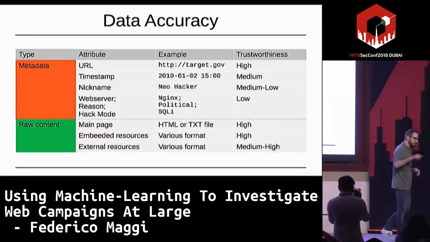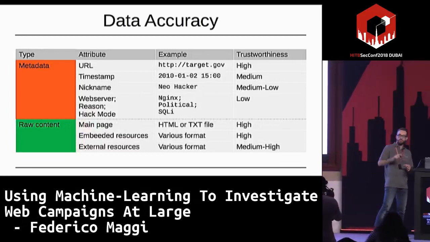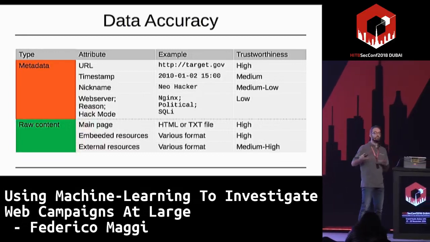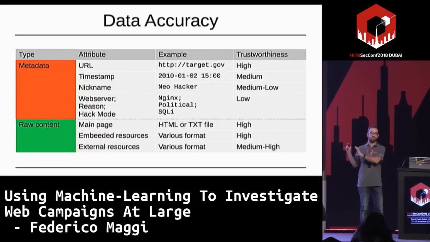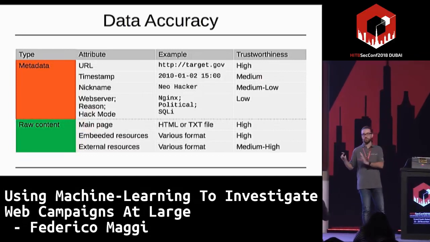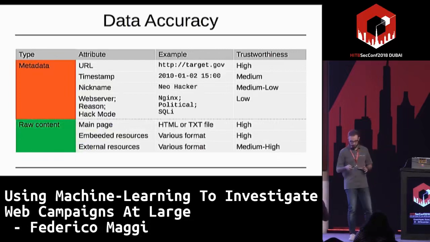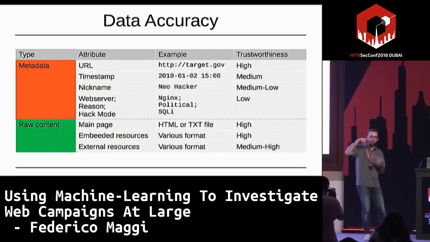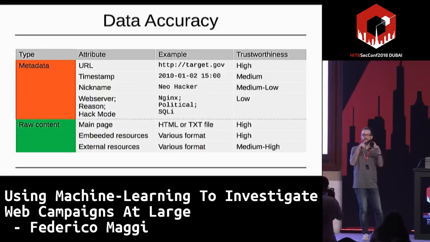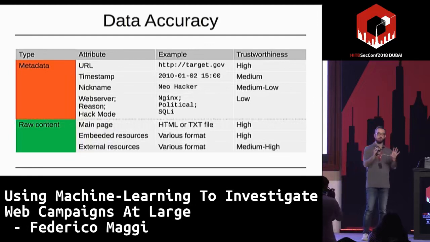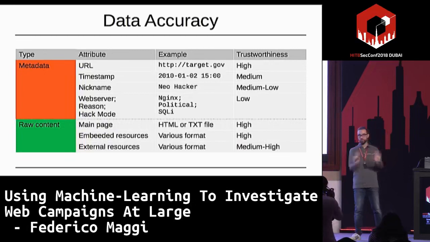So, with respect to previous analysis approaches in this space, we don't really trust the metadata. We look only at the defaced content itself. And that's why, going back to the first paper that I showed, the screenshot, the deep learning thing, that was very good because it was looking only at the raw screenshot of the page, so super accurate.